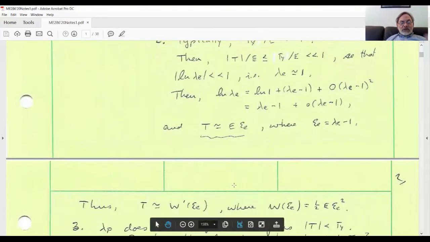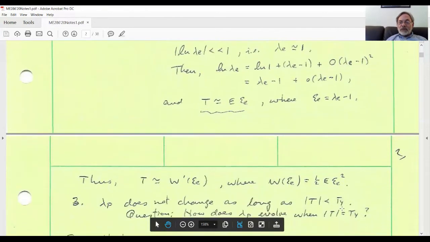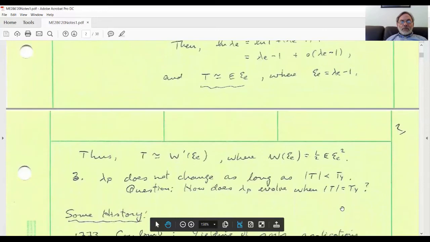And we notice, of course, in this simple uniaxial experiment, that the stress can then be written as the derivative of an energy, the derivative of W with respect to its argument, where W is just a half Young's modulus times the square of the elastic stretch, just like a linear spring.